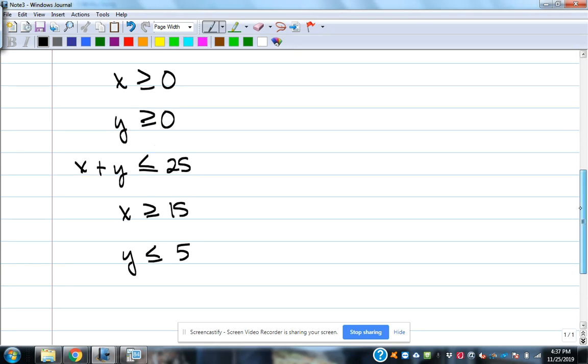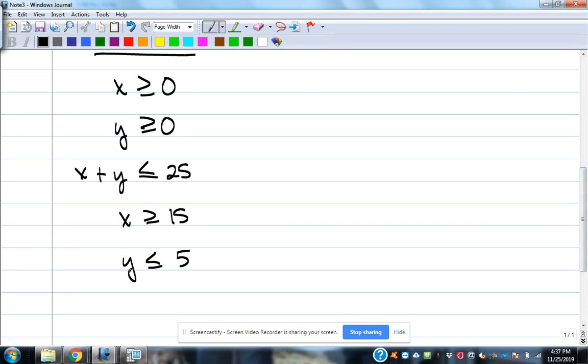Those are the list of constraints. So we've got five inequalities that, if you were going to do the entire linear programming game, you would graph all of those.